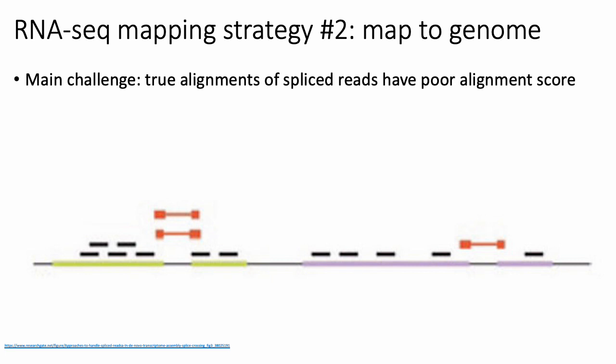And because exons are separated by potentially large introns, then those gaps are going to penalize the alignment very heavily. And therefore, in practice, it would be impossible to find those kind of gapped alignments, essentially. And so mapping back to the original genome essentially involves basically missing a lot of alignments of spliced reads, unless you do something about this.